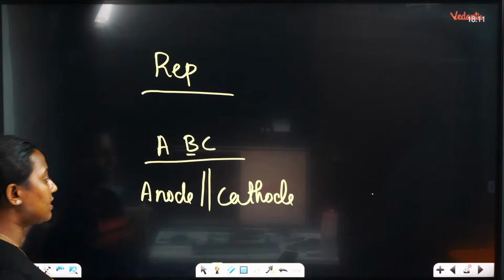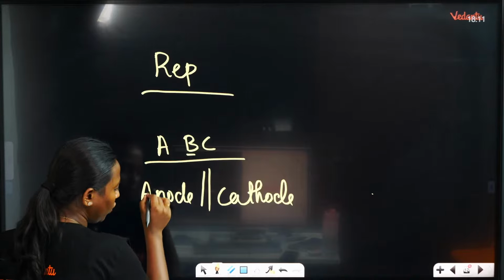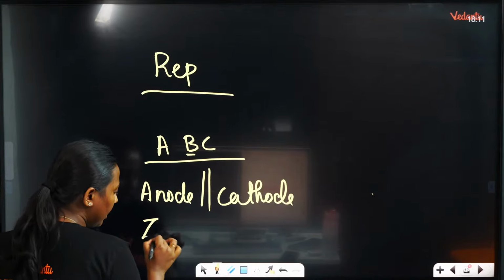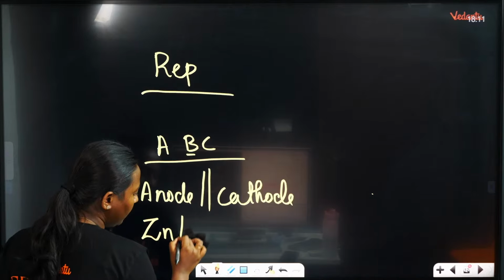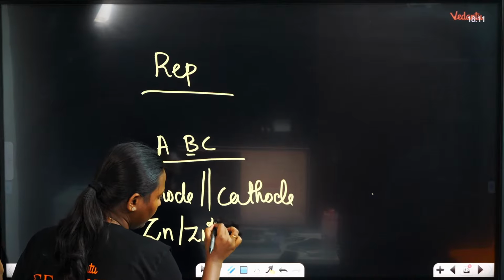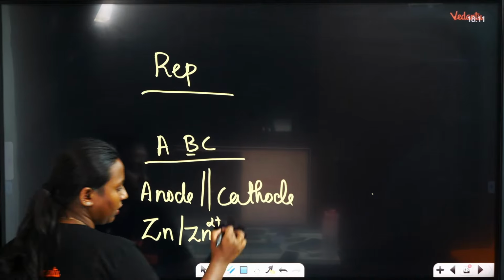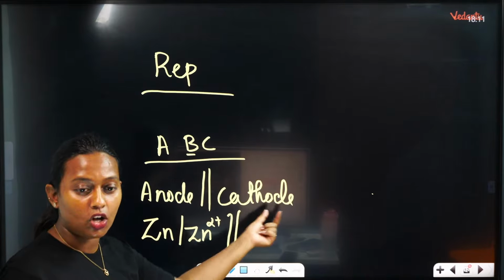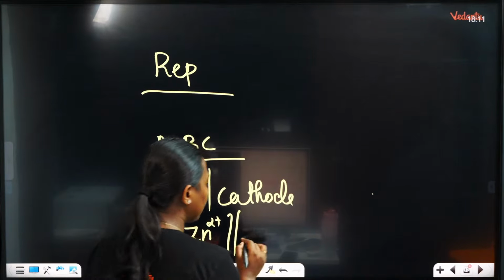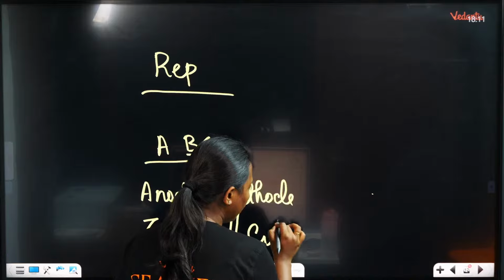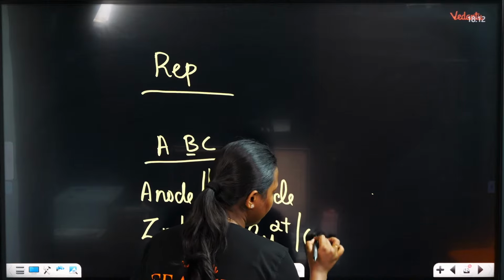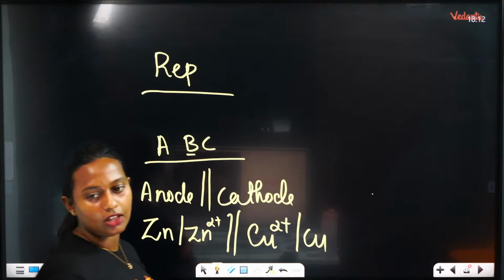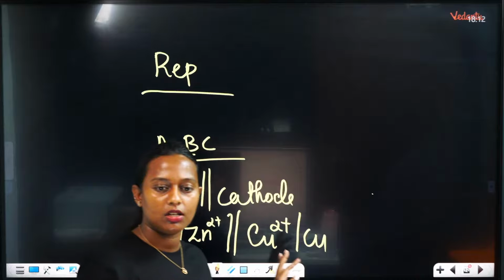In our Daniell cell, Zn forms Zn2+, that is our anode. This is my salt bridge, and my cathode is Cu2+ forming Cu. This is the cell representation.